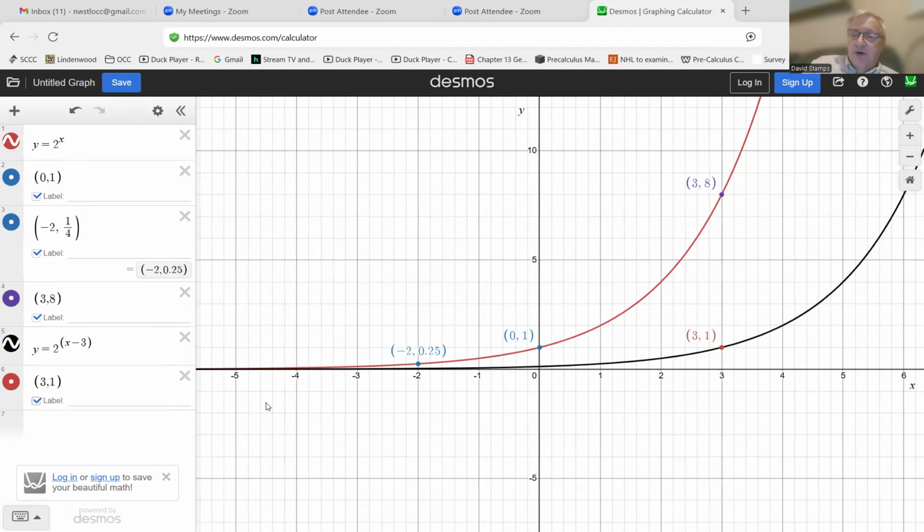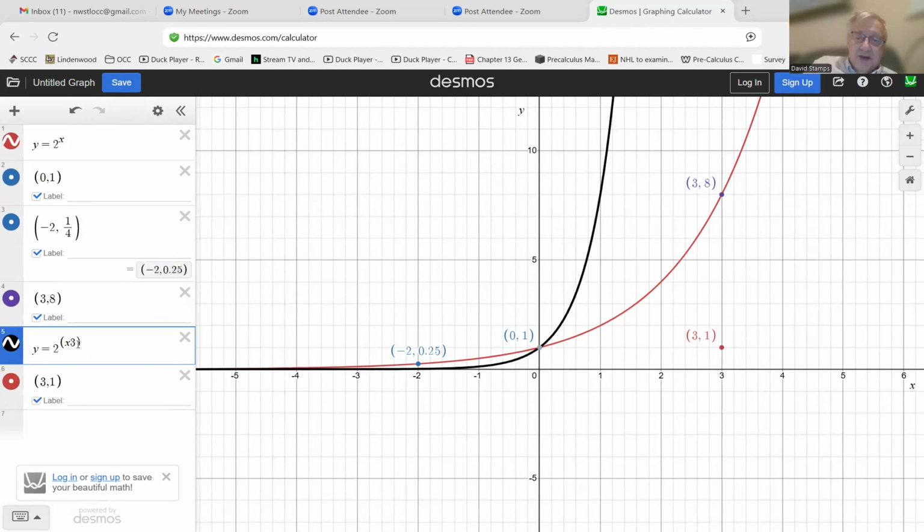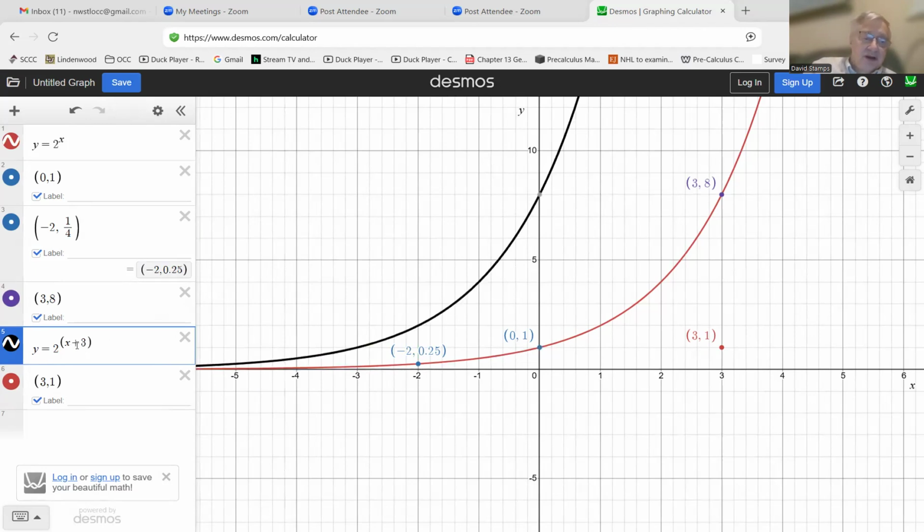And the same would be true of all the points on the red graph, the original graph, all the points have just shifted to the right 3 units. Okay, and likewise, if I made it x plus 3, all the points would get shifted to the left. If I replace x with x plus 3, then the point 0, 1 should go over to negative 3, 1.